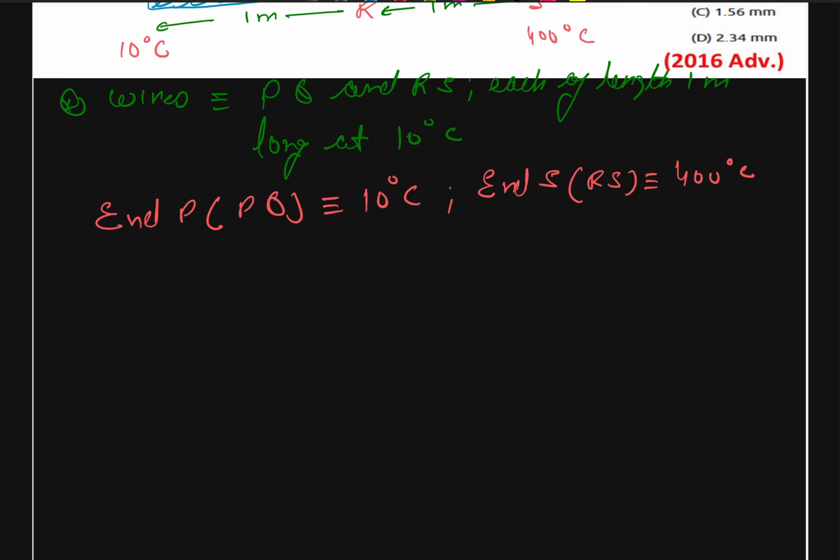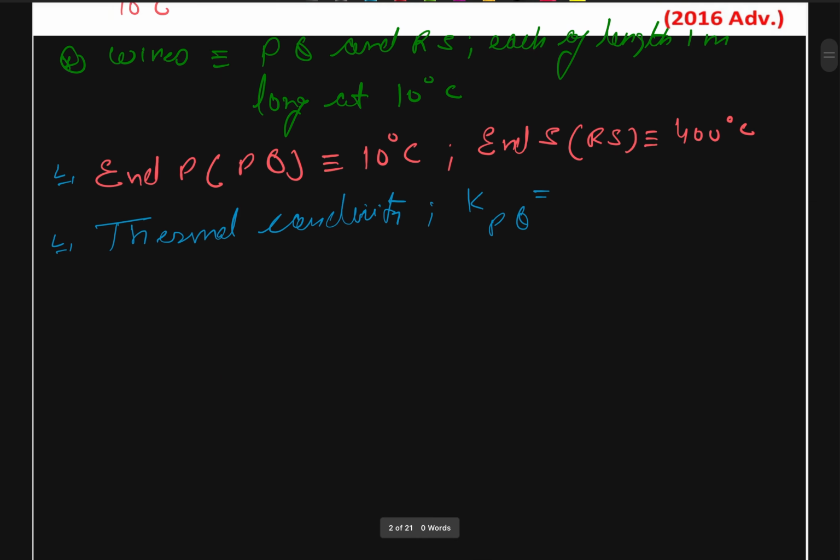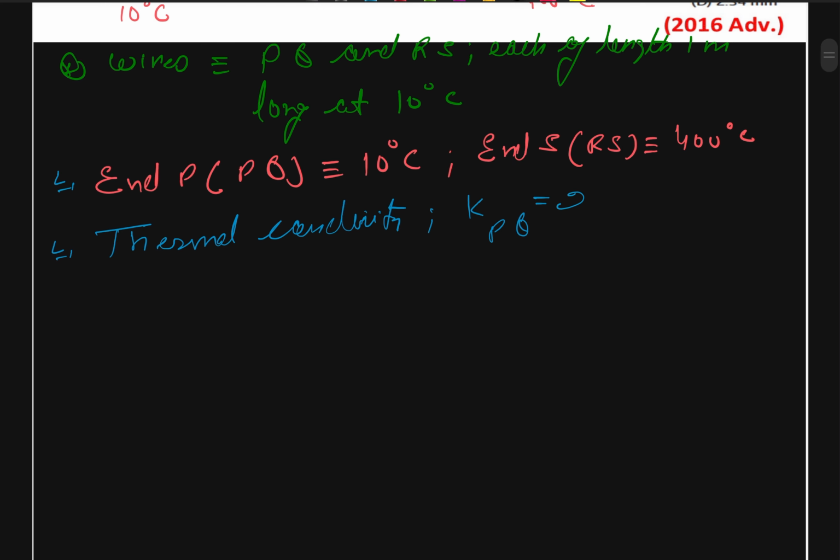So we are given that thermal conductivity, that is our K of PQ, is equal to 2 times that of RS, and thermal expansion for our PQ is given.